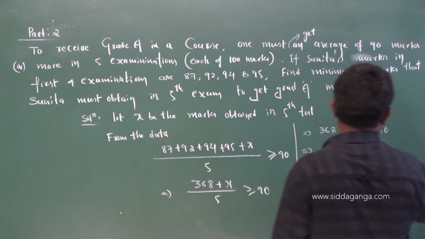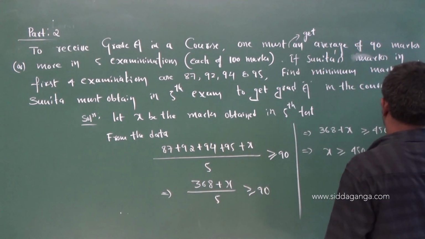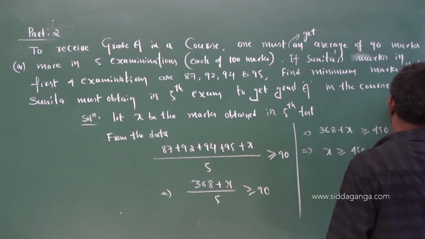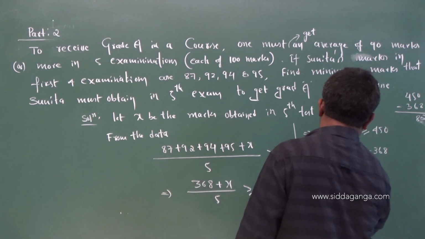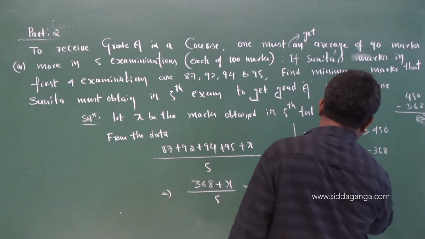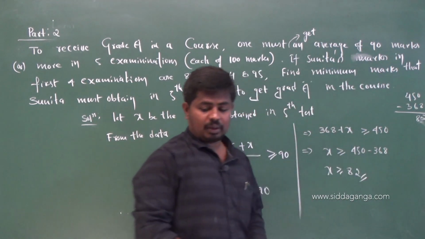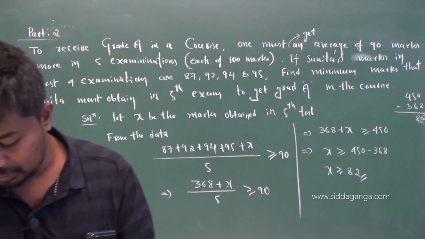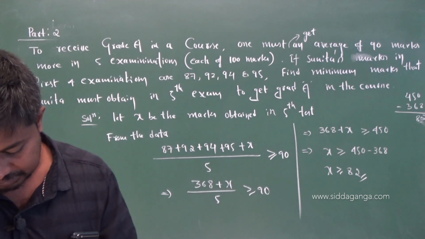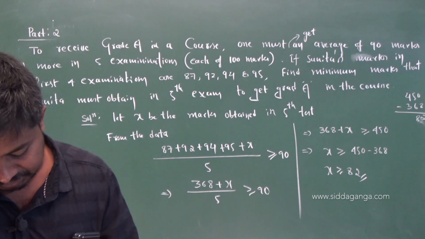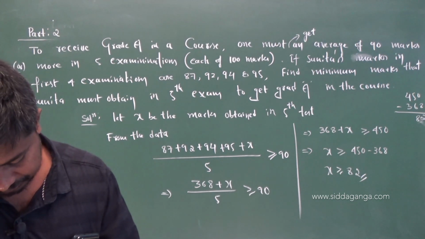What do you get? 82. So x is greater than or equal to 82. So the minimum marks Sunita must get in the 5th examination is 82.